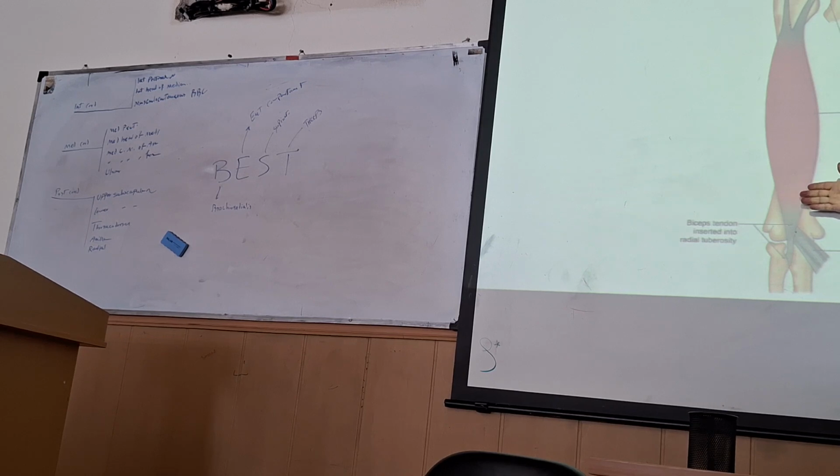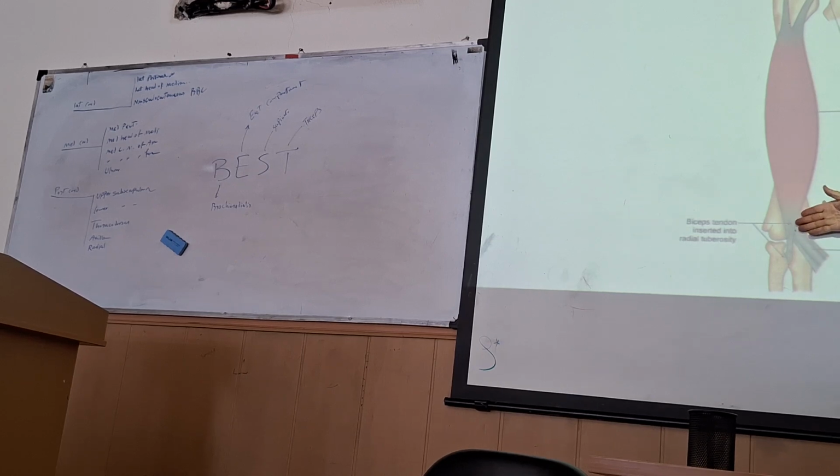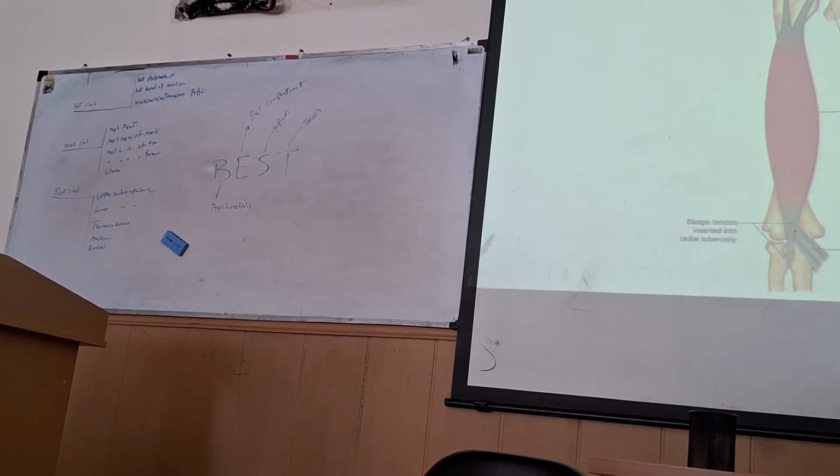The tendon of the biceps inserts to the radial tuberosity. A part of this tendon expands and moves medially, and is called the bicipital aponeurosis.